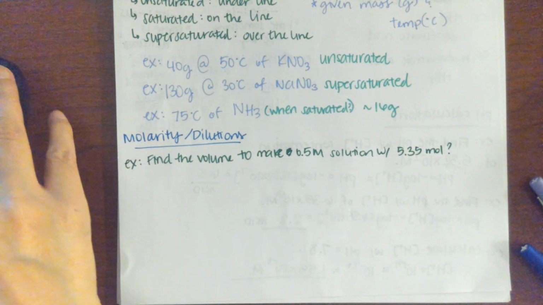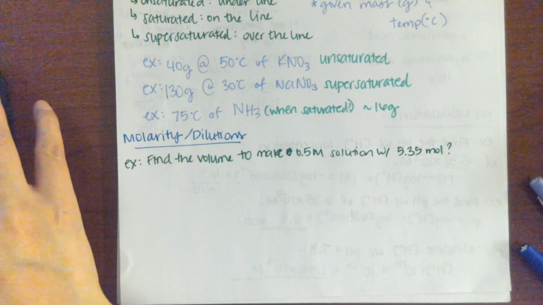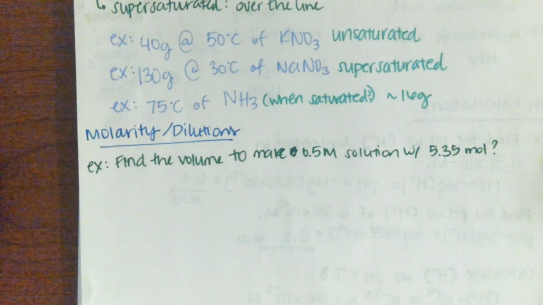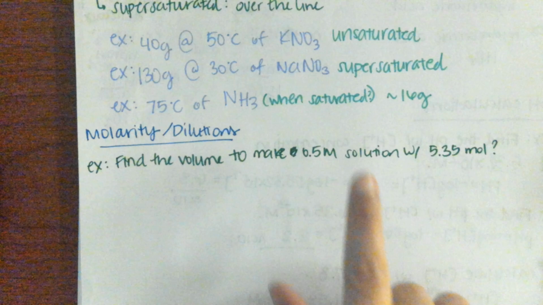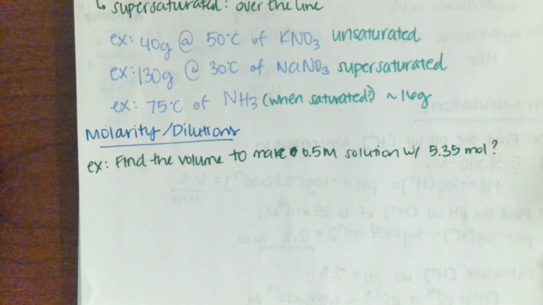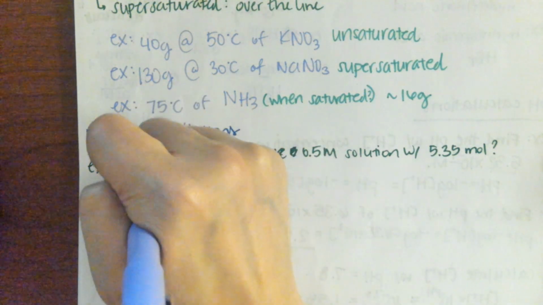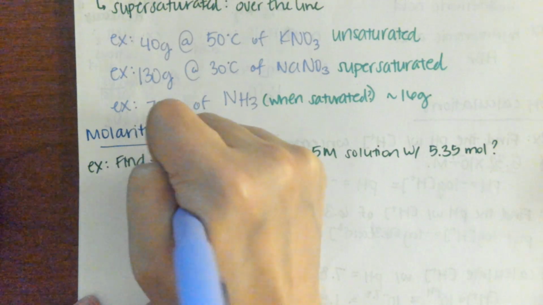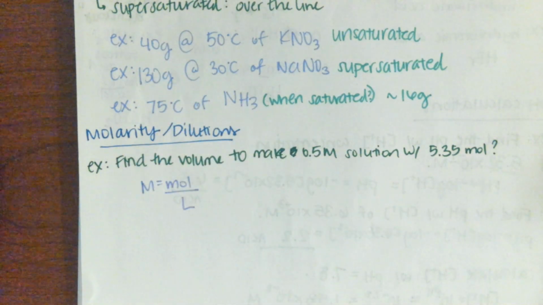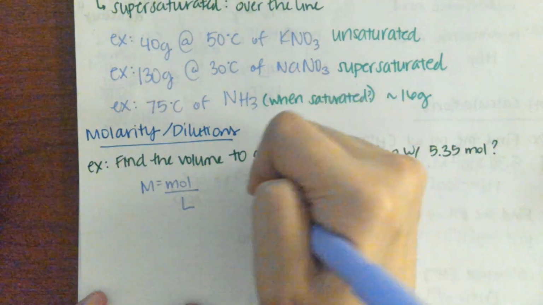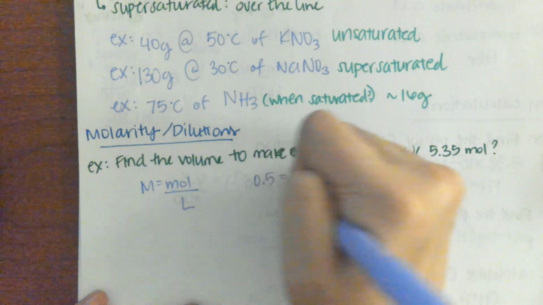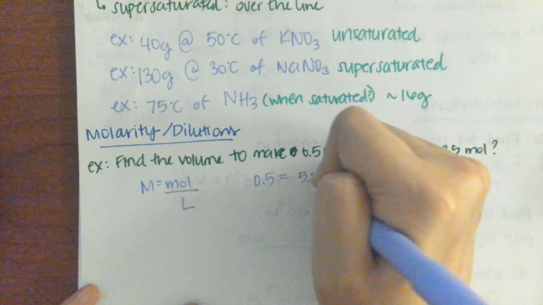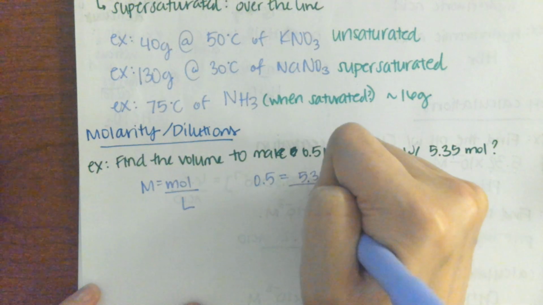Find the volume to make a 0.5 molar solution with 5.35 moles. So we have the molar and the mole, so big M and moles. This is the molarity equation. From there, just substitute: 0.5 equals 5.35 divided by liters.